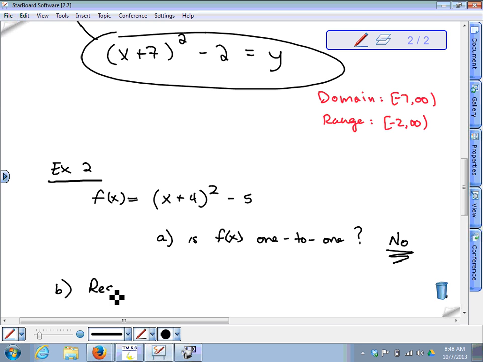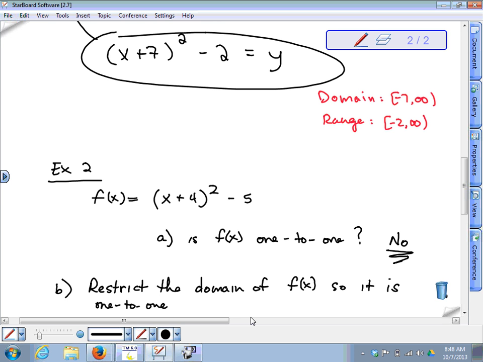I want you to restrict the domain of f of x so it is one-to-one. This function is not one-to-one on its entire domain, negative infinity to infinity.